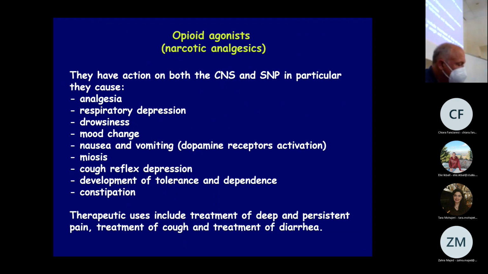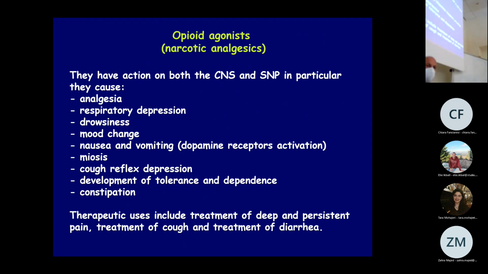Opioid agonists. Just a brief introduction, and then we'll describe this class next time. Opioid agonists, narcotic analgesics.